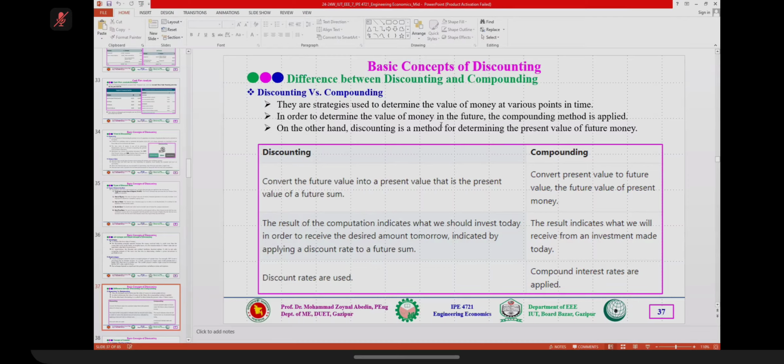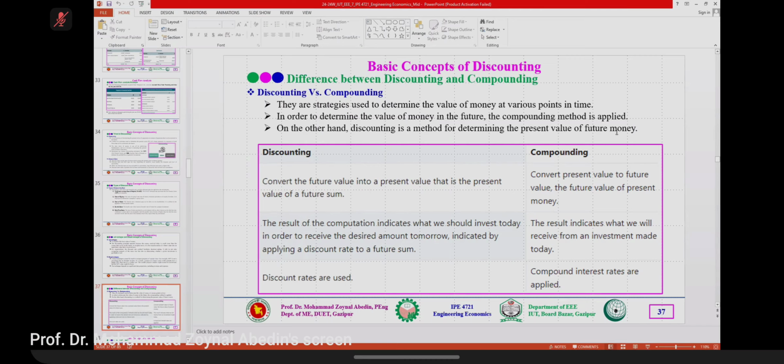In order to determine the value of money in the future, the compounding method is applied. On the other hand, discounting is a method for determining the present value of future money. The future money's calculation will be back-calculated and you will get it in present time.